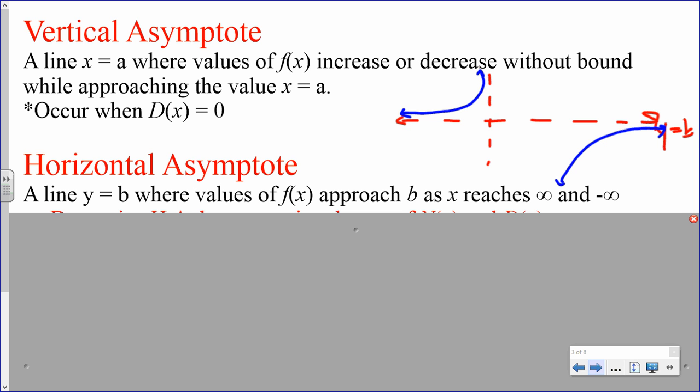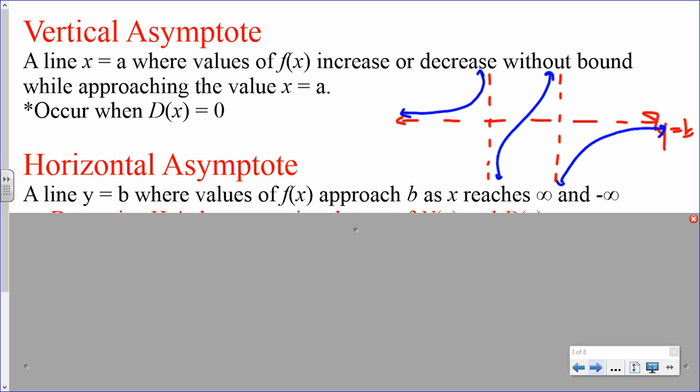Let me give you a flashback to Honors Algebra 2. Remember a graph looking like this? If you did graph that in Honors Algebra 2? You did? I'm seeing some head shakes. Okay?